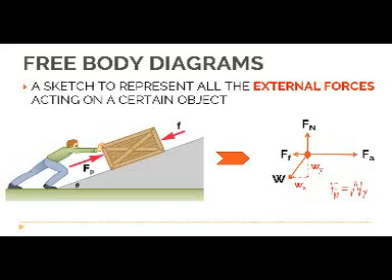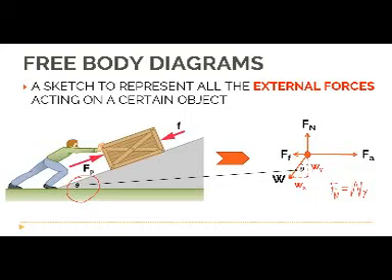W sub y can be taken by a trigonometric function. The angle of inclination is equal to the angle from W to W sub y. So angle theta in the free body diagram is equal to the angle theta of the inclination.